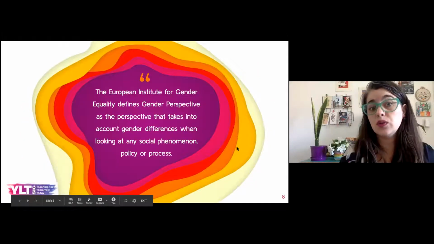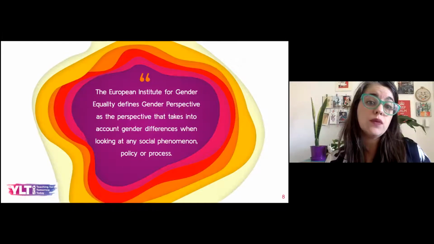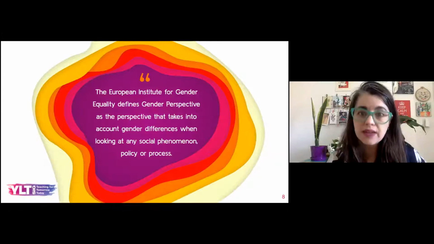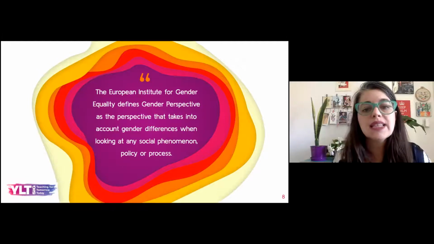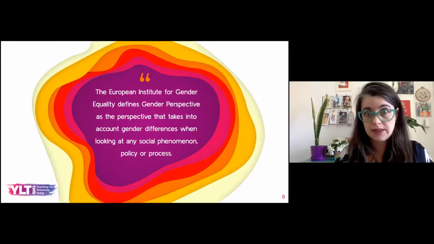Now going to gender perspective. This is a quote from the European Institute for Gender Equality, where gender perspective is defined as the perspective that takes into account gender differences when looking at any social phenomenon, policy, or process.